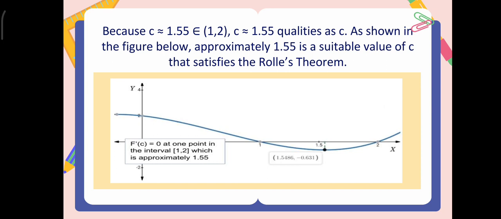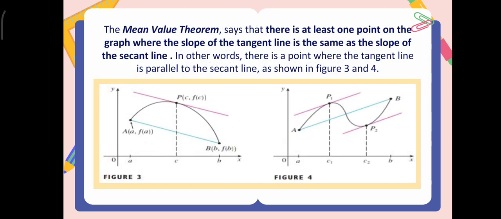So what does the mean value theorem tell us? The mean value theorem tells us that there is at least one point on the graph where the slope of the tangent line is the same as the slope of the secant line.